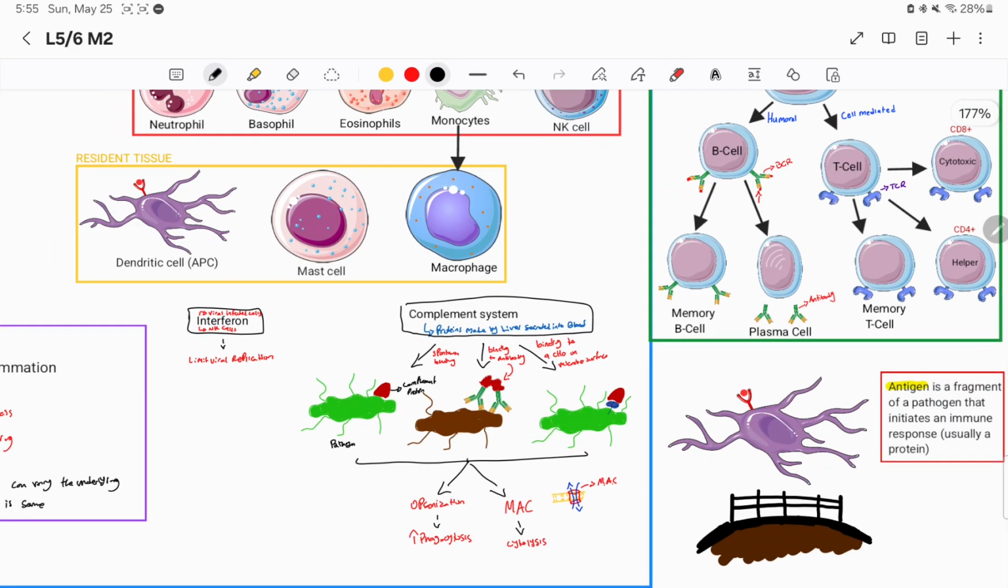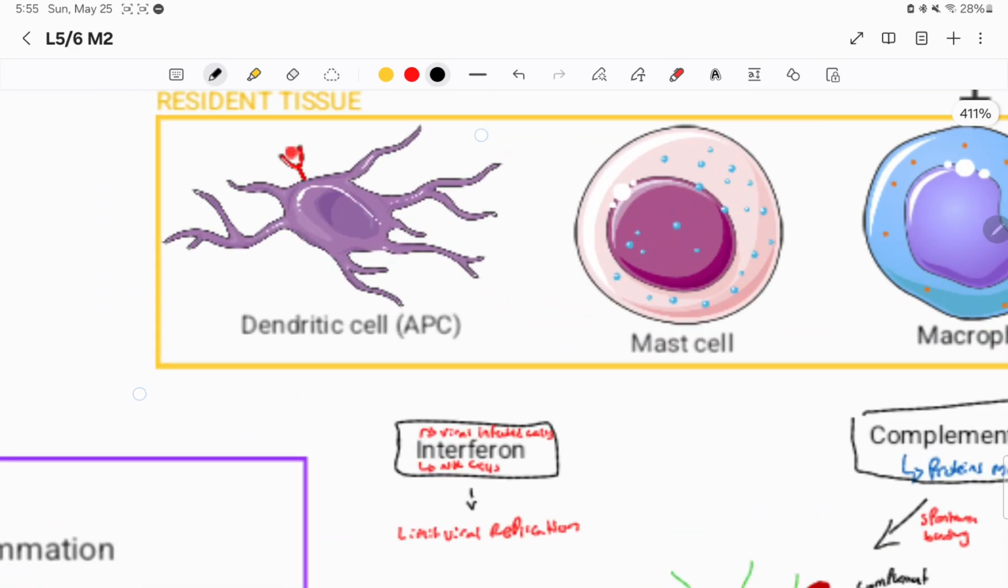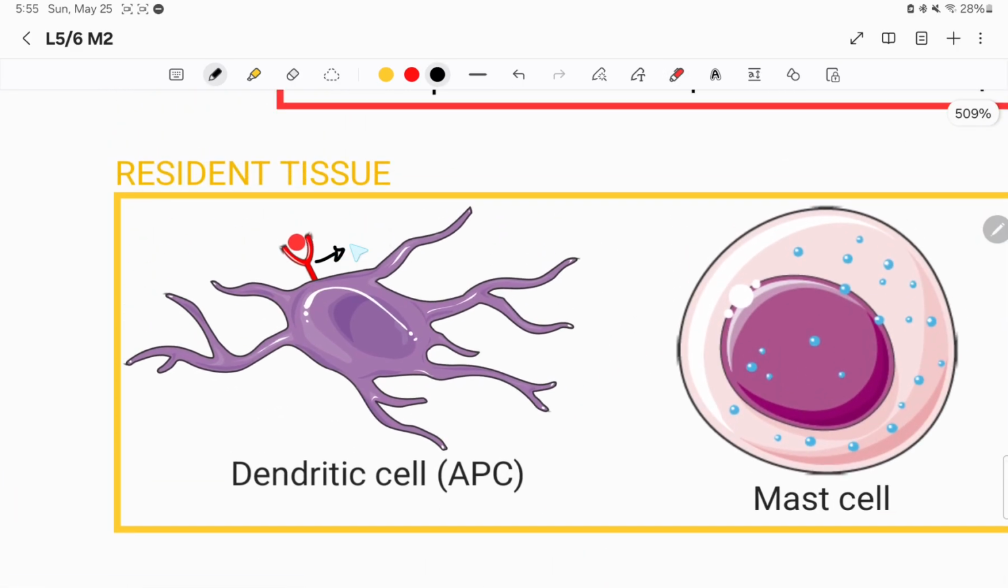On its surface, it has this protein molecule called the MHC, which stands for Major Histocompatibility Complex. Okay? There are different types of this, but for the purpose of this video, we don't need to know that. This MHC will express the antigen that this dendritic cell found.